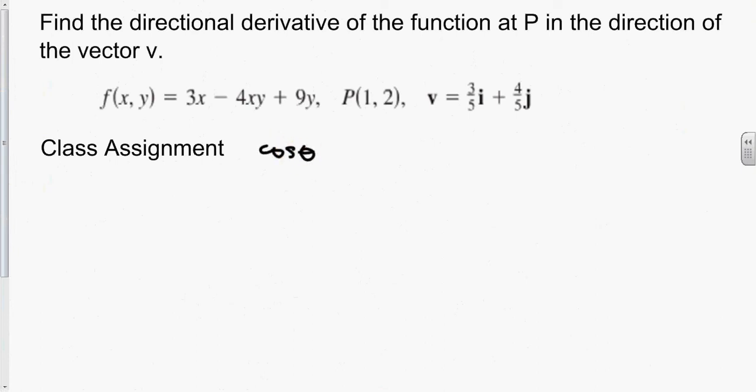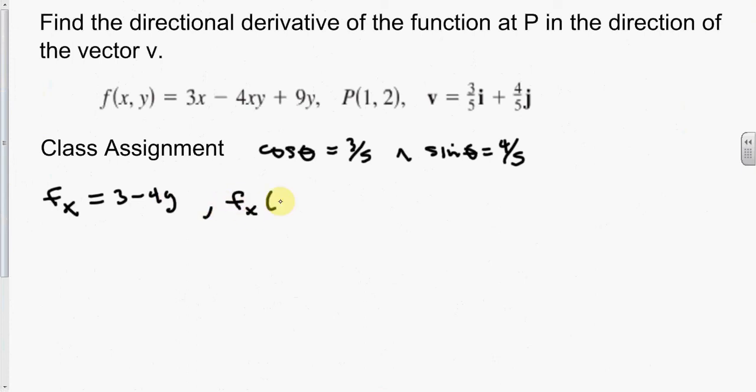So cosine theta is 3 over 5, and sine theta is 4 over 5. Find the partial of f with respect to x. I got 3 minus 4y. I evaluate this at the point 1, 2, so I get 3 minus 8, negative 5.